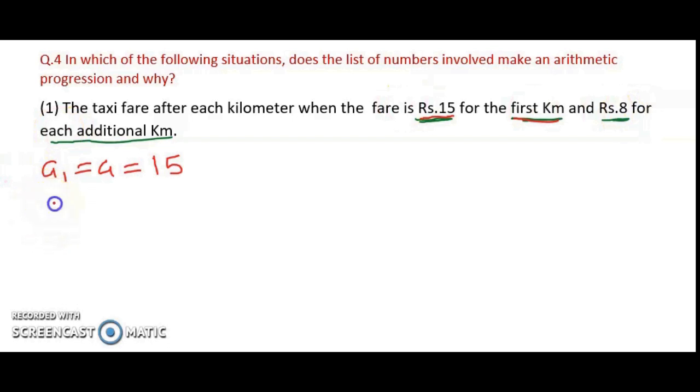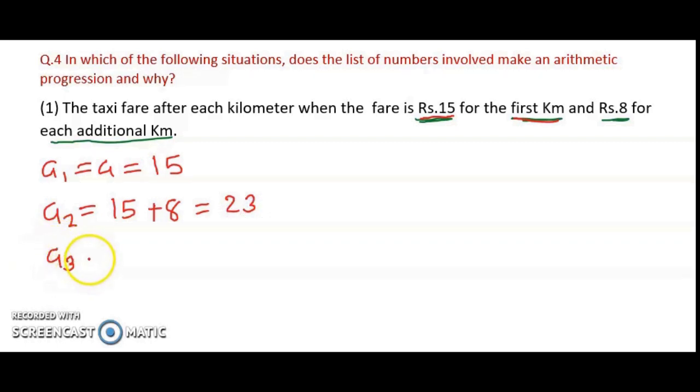So if you want to find the fare for 2 kilometers, then for the first kilometer we have to pay rupees 15, and for the second kilometer we have to add rupees 8. So for 2 kilometers we have to pay rupees 23. Same way, for the fare for 3 kilometers, for 2 kilometers we pay 23, and for the third kilometer we add rupees 8.